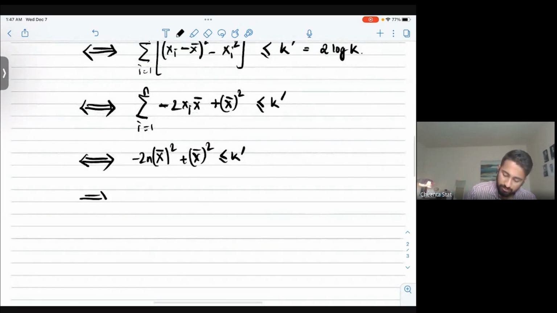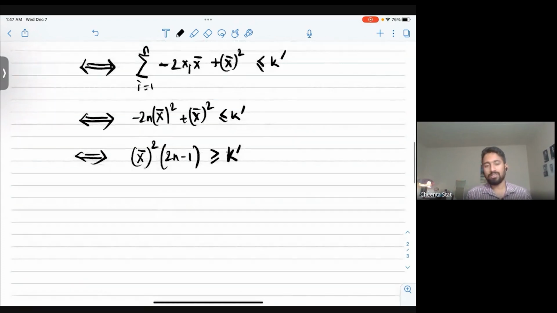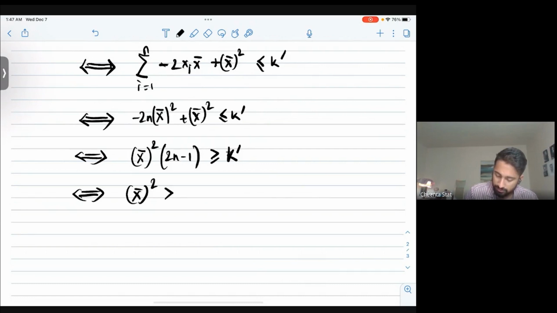Therefore you get x bar whole square into (2n minus 1) is greater than or equal to k dash. Of course n is at least 1, so there is at least one sample. So it's the same as saying x bar square is greater than or equal to a certain k double dash.